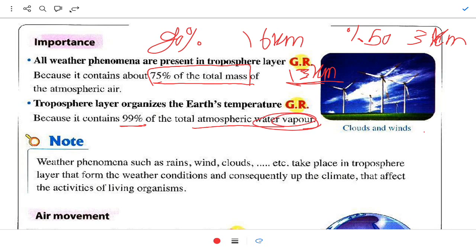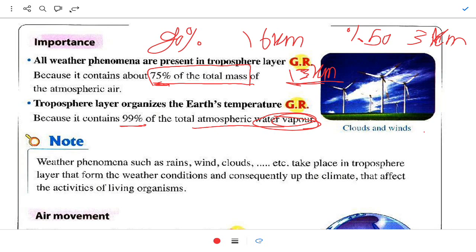The troposphere has 75% of the total mass of the atmospheric air, but it has 99% of the water vapor. So troposphere layer organizes the Earth's temperature because it has the most water vapor in the atmospheric envelope.